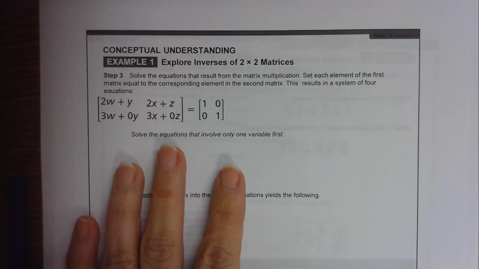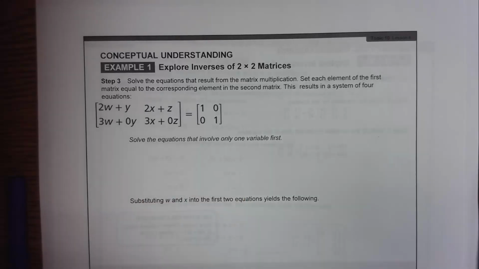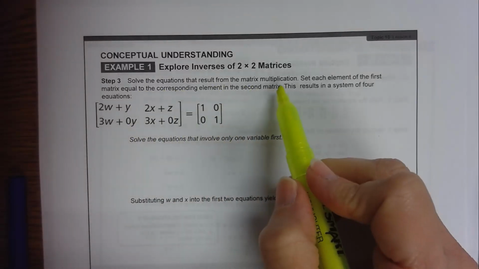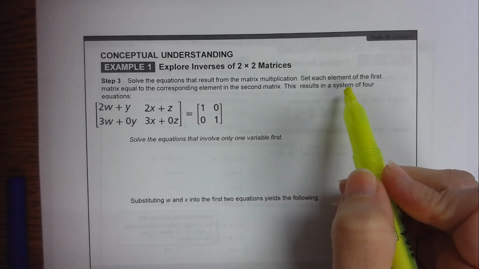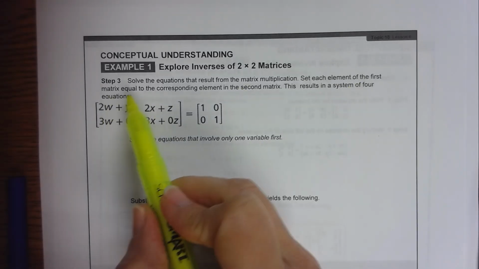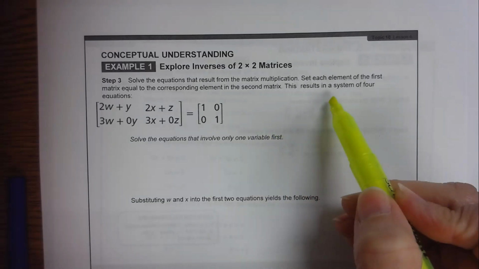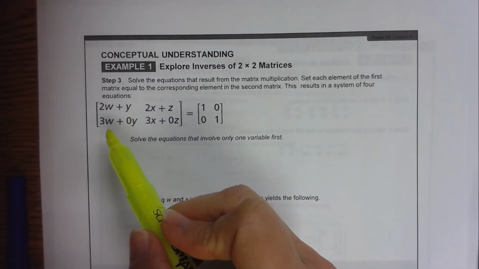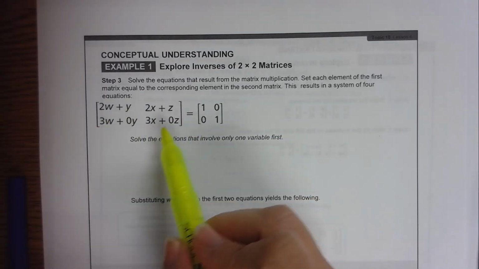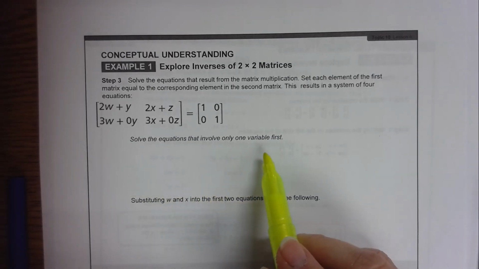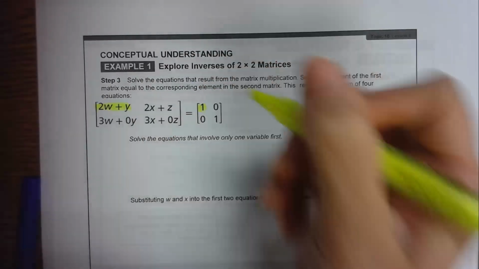So here it is. Now we're going to solve the equations that result from matrix multiplication. I'm going to set each element of the first matrix equal to the corresponding element in the second matrix. This results in a system of 4 equations. For this particular system, I'm going to solve the equations that involve only one variable first. Let's map them here. The first element goes with the first element.